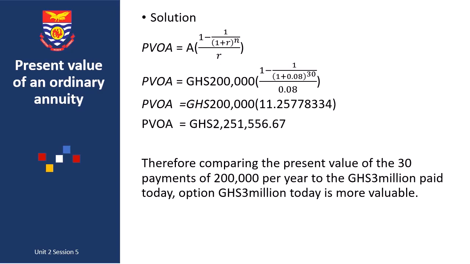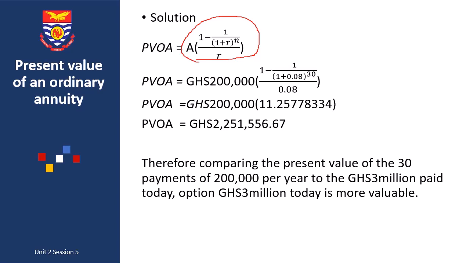Listen again. Because the payment is occurring at the end of the period, we use a present value of ordinary annuity formula. And this is the formula for calculating the present value if the payment is occurring at the end of the period.